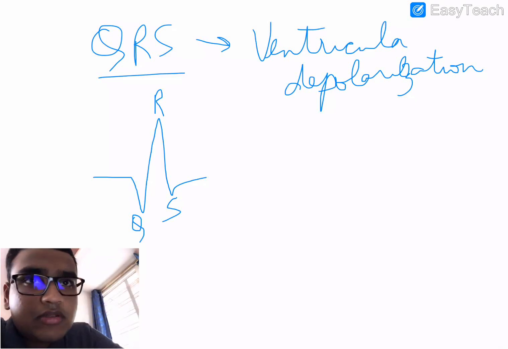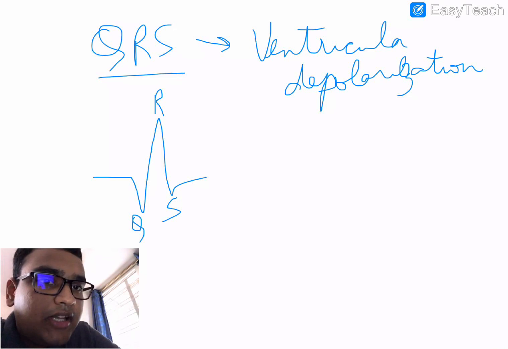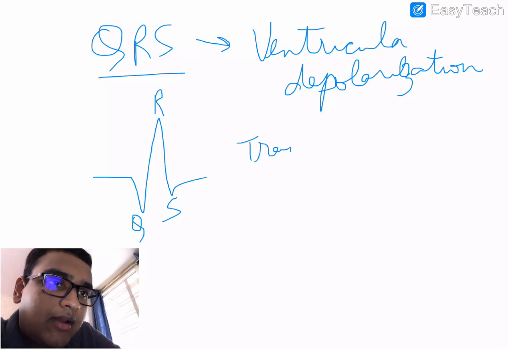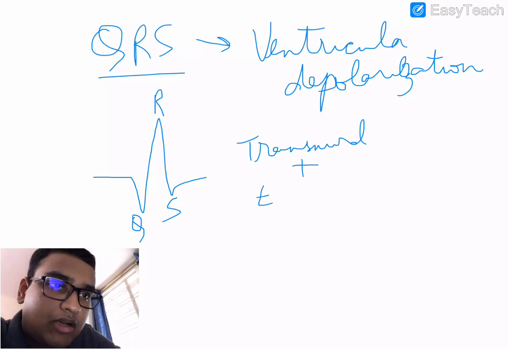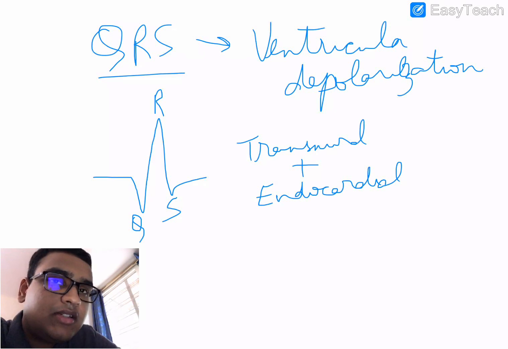Whenever you talk about a QRS complex, this whole depolarization indicates transmural electrical transmission plus the endocardial activation. Together this gives you the QRS complex: activation and electrical current in the transmural muscle fibers plus the electrical activity in the endocardium. Now the initial negative wave is known as the Q wave.